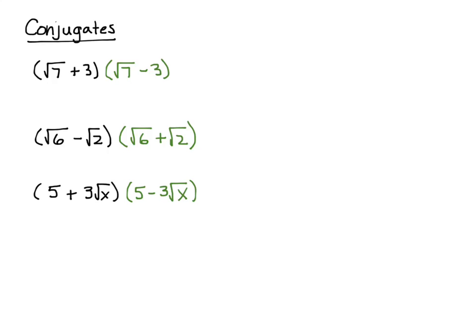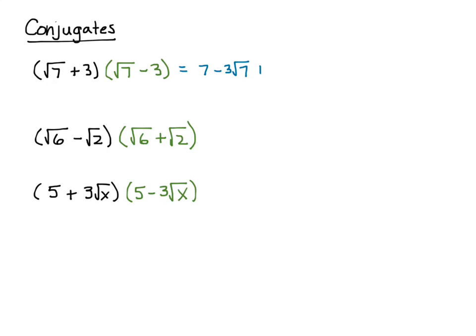Even if that first term, like if it was negative 6 minus 2, you'd still make it negative 6 plus 2. You don't change both signs. It's important that you only change one sign. And then the last one, it works well with variables, and all you do is change the middle sign.